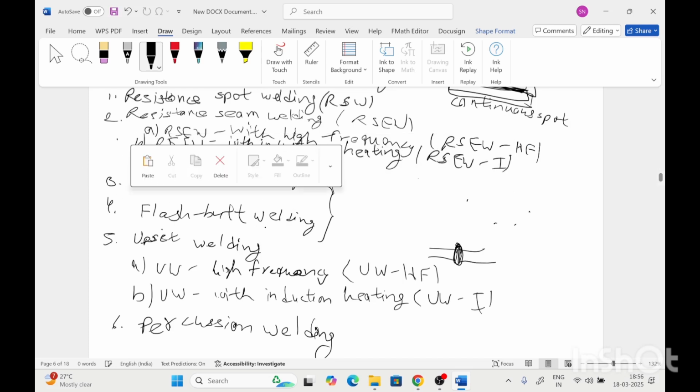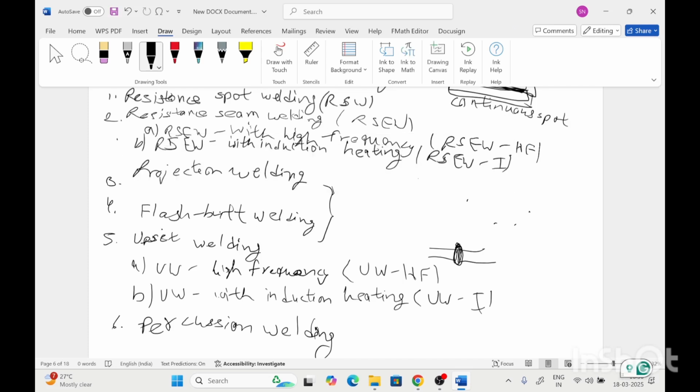Next are projection welding and flash butt welding. In these welding processes, first the arc is generated between the working plates.